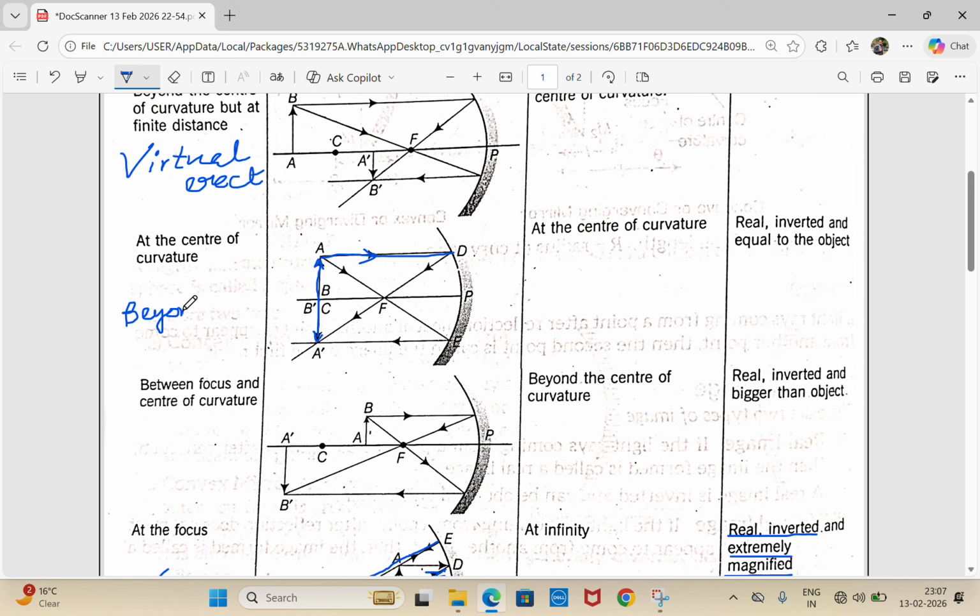Beyond center of curvature, beyond C, and after C. Actually beyond C, the image formed is diminished. Just remember that.